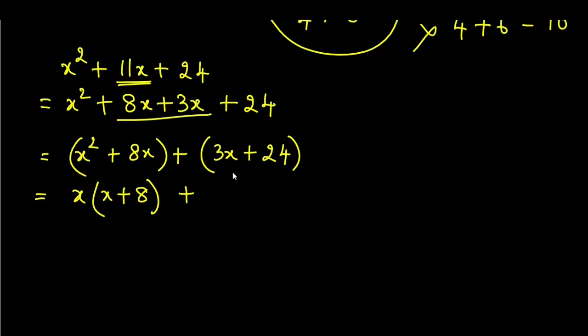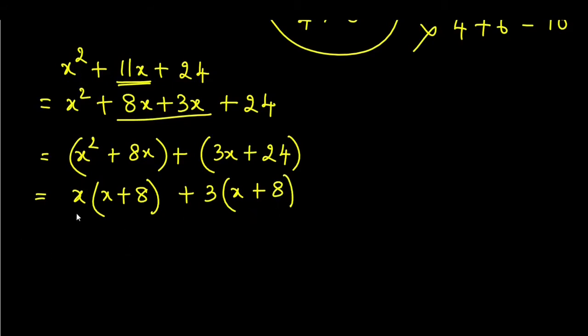Now in the second group, 3x plus 24, we have 3 as a common factor. This is 3 into x and this is 3 into 8. Taking 3 as a common factor, we get x here and 8 here.